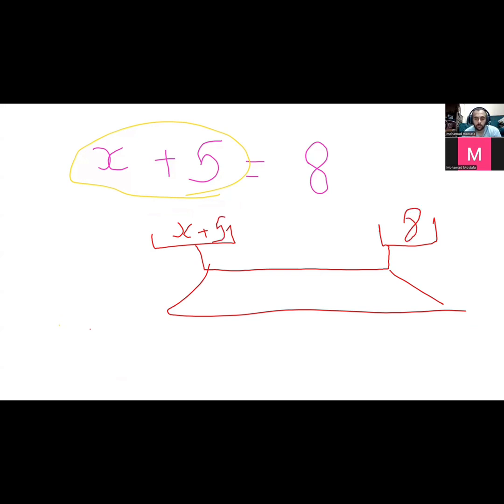What is the inverse of plus 5? Minus 5, and put here minus 5. They cancel together, and the remainder here is only x. So x equals 8 minus 5, which gives me 3.